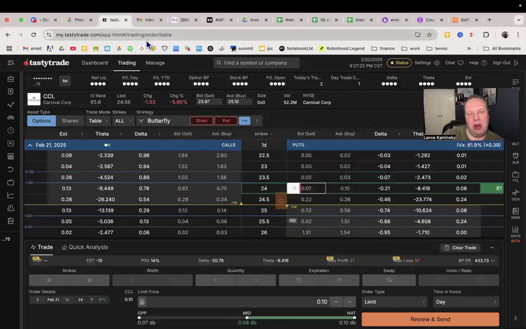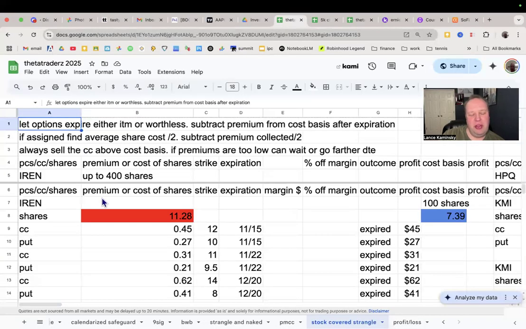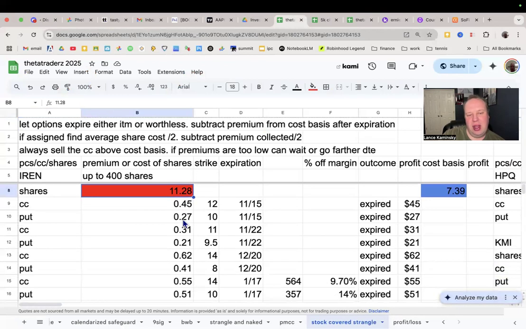If I look at IRON, I'll show you on my spreadsheet here. I initially bought the shares at 11.28, and I was selling covered strangles since November on this. All I did is I subtract my premiums that I collected. My cost basis is 7.39. It's quite a bit lower than where I bought my shares.